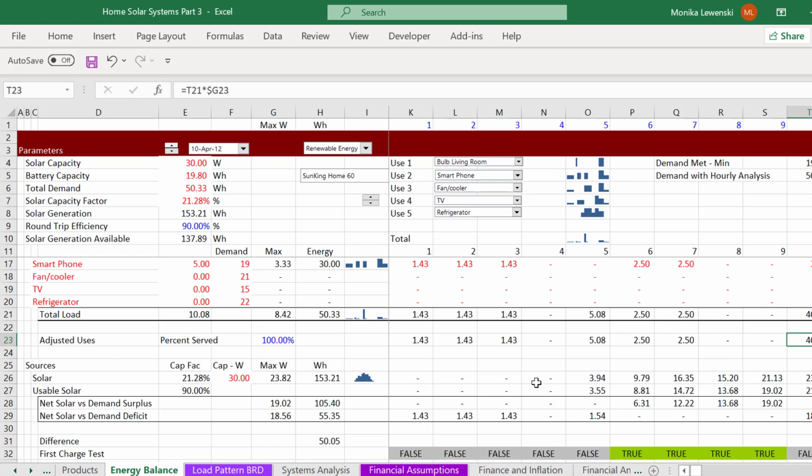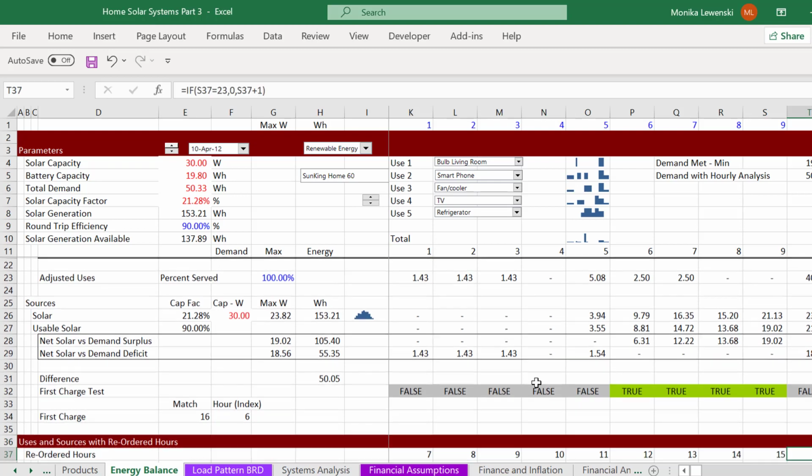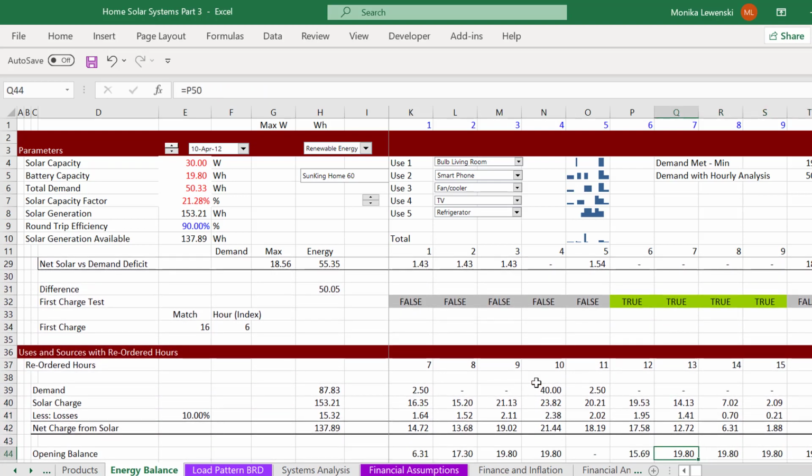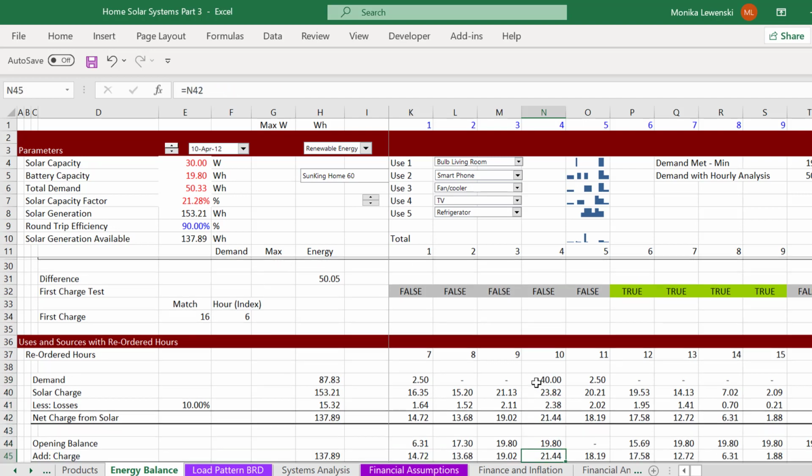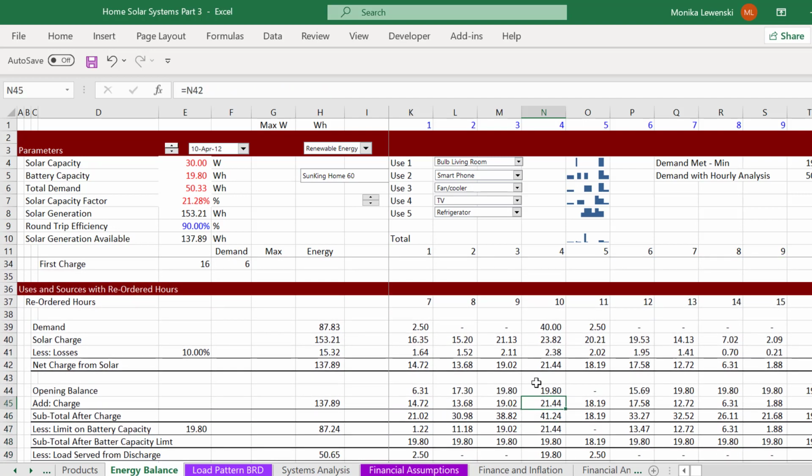Oh my gosh. It's like nothing. Okay. And then suddenly we use 40 watts. It moved it over here. Of course, I've got to remember to undo this. Now, if we need 40 watts in this hour, then we can get a charge from the solar of 21.